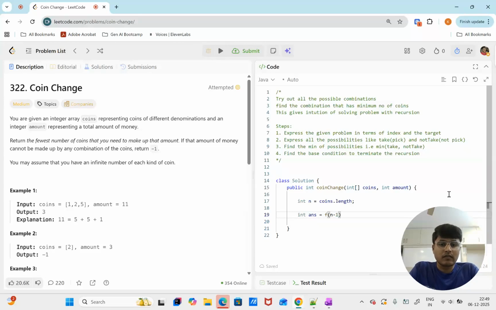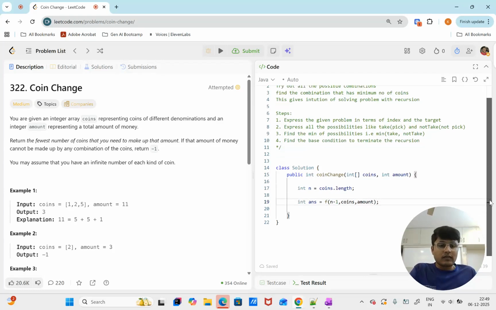We are expressing the given problem in terms of index, then target amount. Target amount is here we are just passing amount, and we can write further the definition of that particular function. So private, it is returning int, then the function we have passed index, and then int array coins comma int target amount.